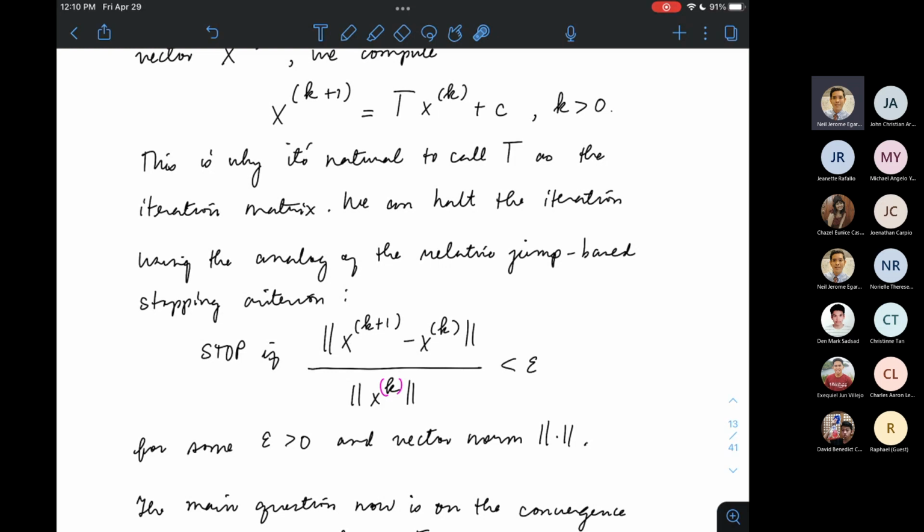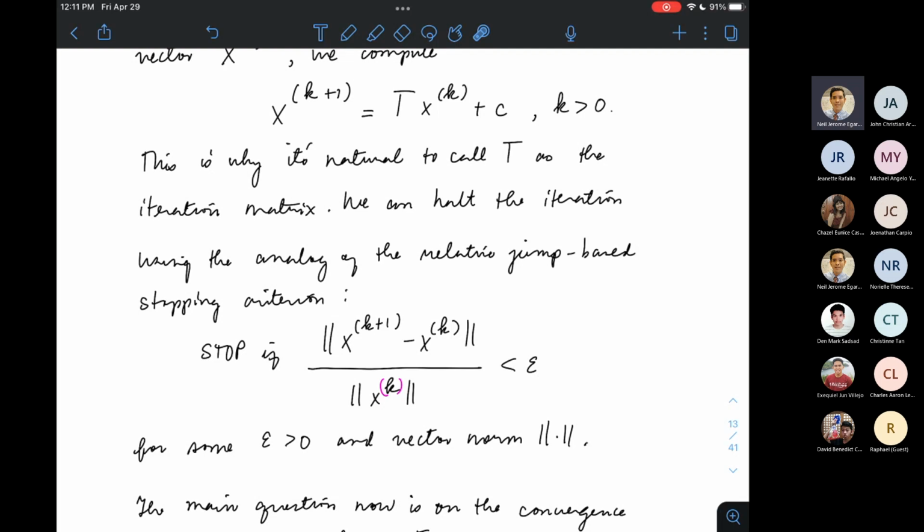Kasi parang ang nangyayari lang, yung pagde-determine ng bagong estimate ay talagang nakadepende dun sa matrix T times yung previous vector estimate. Tapos ita-translate lang siya kasi remember, parang linear system lang siya. Yung ina-add mo na constant, siya yung parang nagta-translate pataas or pababa ng graph ng isang function. Kaya tinatawag ko na lang siyang translating vector.